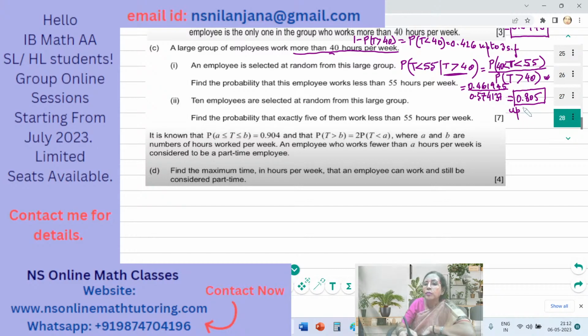Up to 3 significant figures. Okay. So we are done with I.